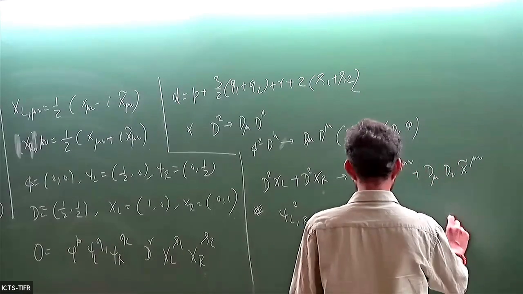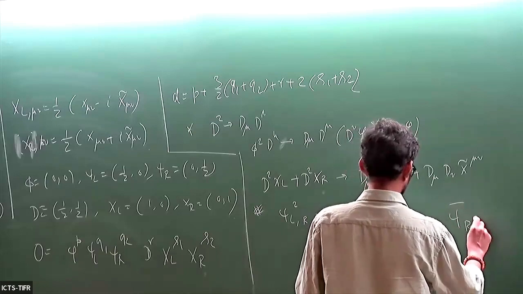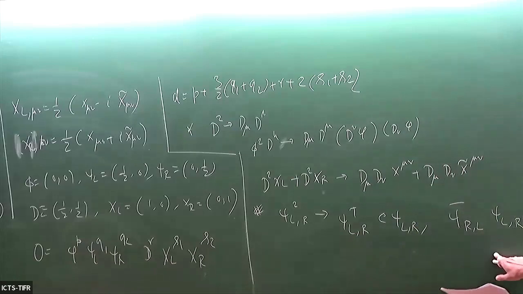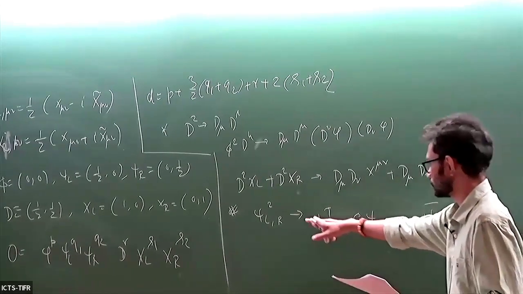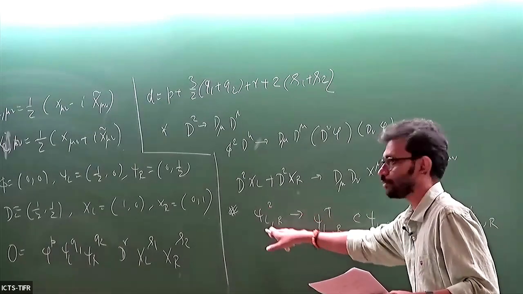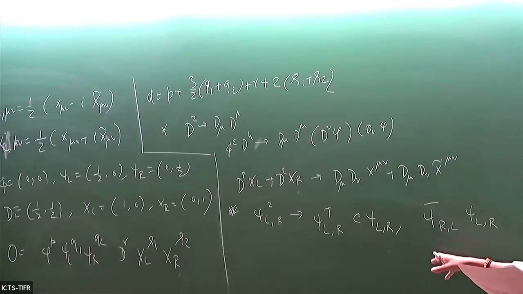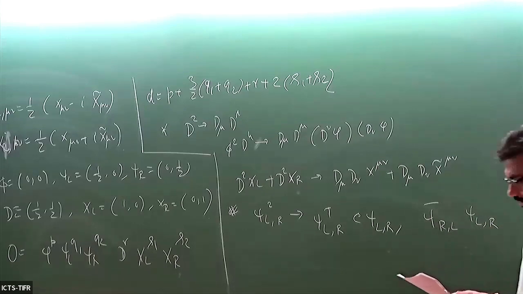Or you can write in this particular form. So this is the polynomial form and this is the covariant field theoretic form that you are writing. So that's how you will translate.